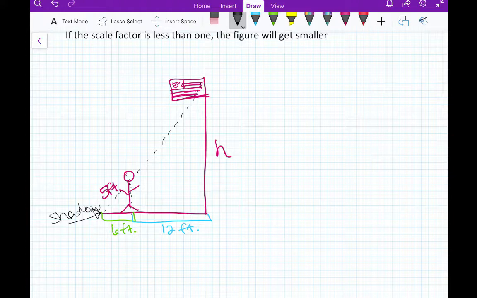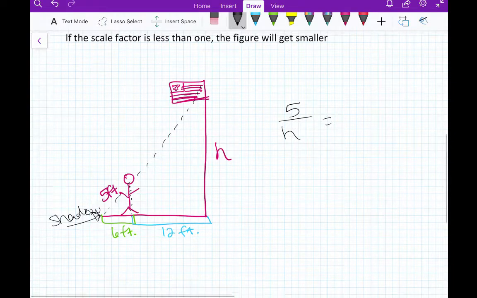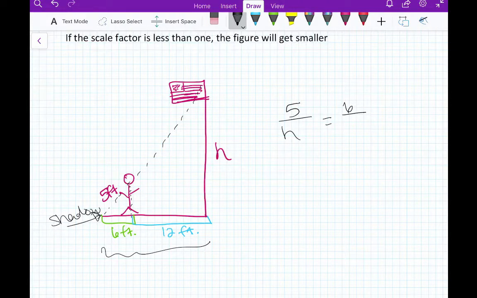The height of the man corresponds with the height of the flagpole. And then the next ratio would be the distance of the man's shadow, which is 6, which is going to correspond to this entire length of the flagpole's shadow, casting down all the way past the man. And that total is 18.